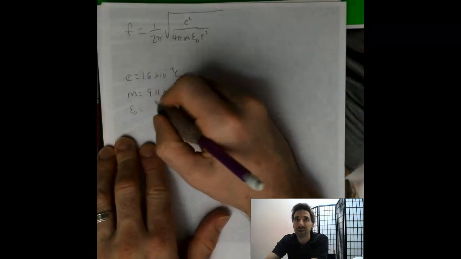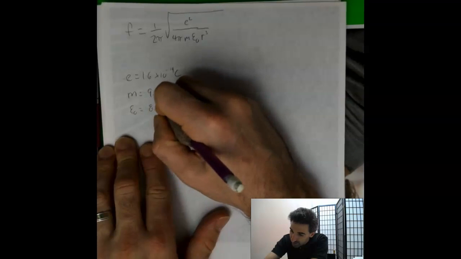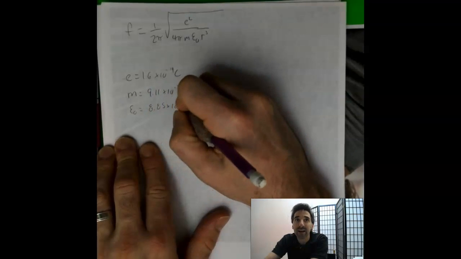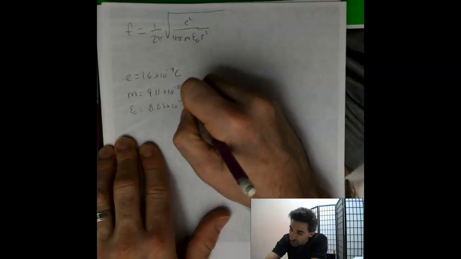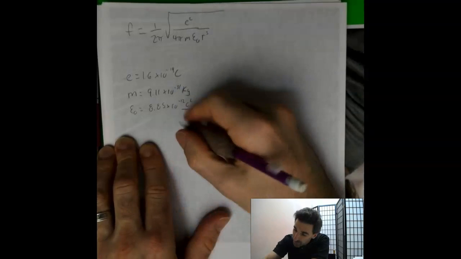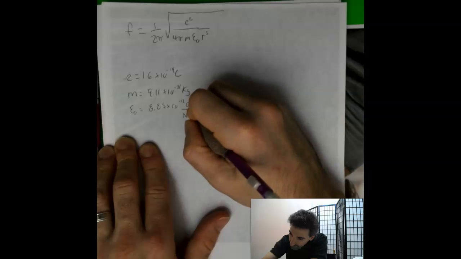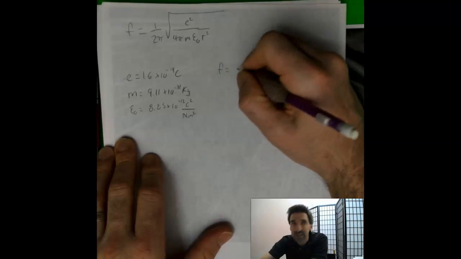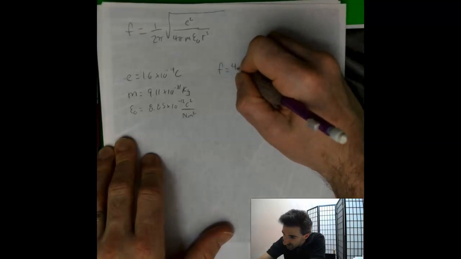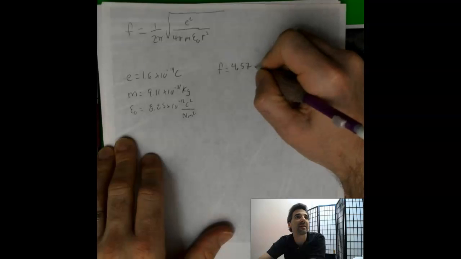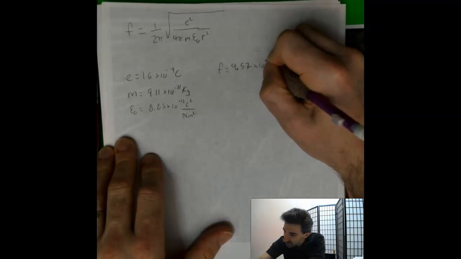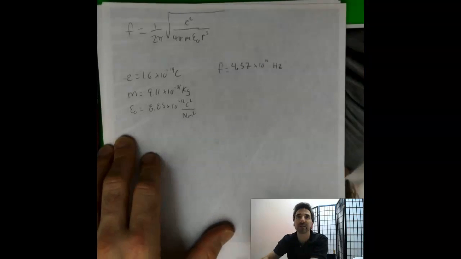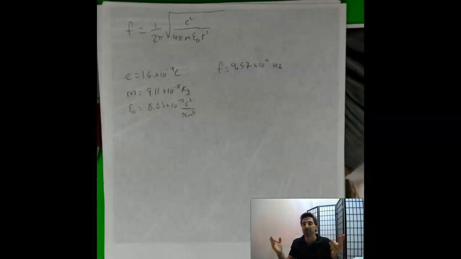We know epsilon naught, permittivity of free space, to be 8.85 times 10 to the negative 12 coulombs squared per Newton meter squared. And they gave us a frequency of 4.57 times 10 to the 14th hertz.